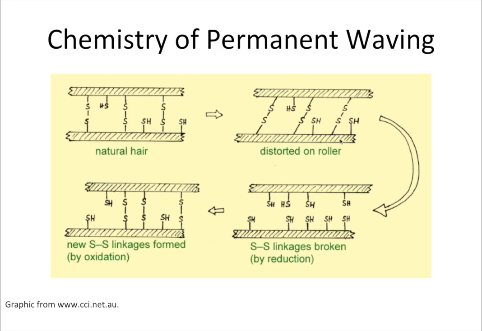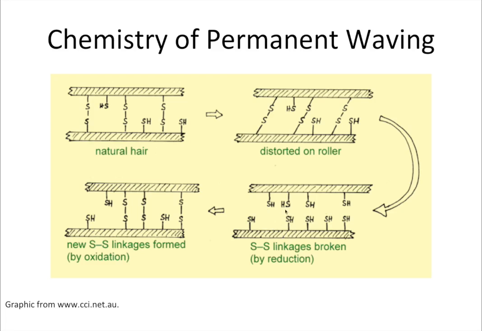So that's when we treat it with the dithiothreitol or the beta-mercaptoethanol. And then you would remove the disulfide bonds. So you can see that the disulfide linkages are broken at this point.